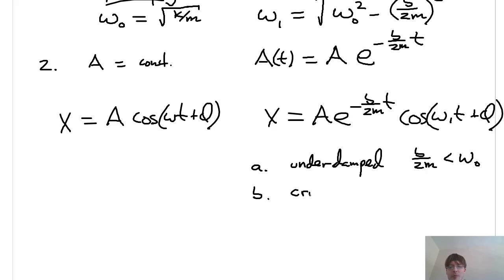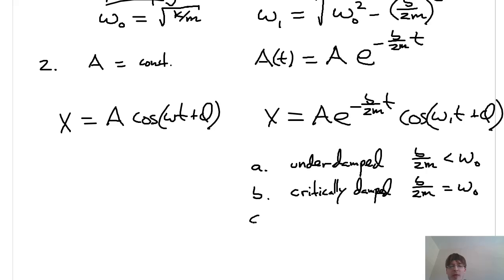There's critically damped, where b over 2m is actually big enough that it equals omega naught, then omega 1 is equal to 0 and there's no vibration at all.